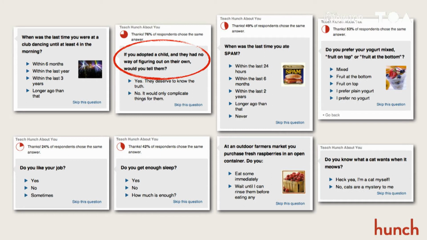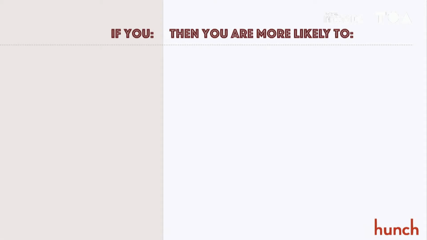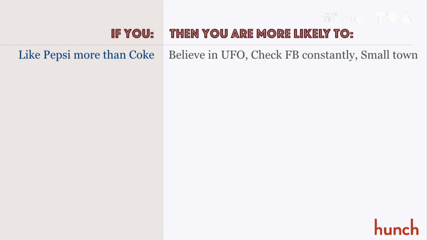Of course, you ask an algorithm, you ask a mathematician. This is what they did. 80 million answers to 2,000 questions for free, because people like this gave us these answers. If you like Pepsi more than Coke, you believe in UFOs, okay? If you read Wired magazine, you prefer redheads.